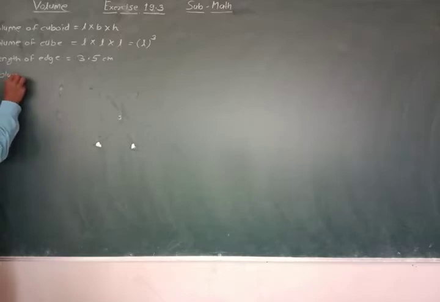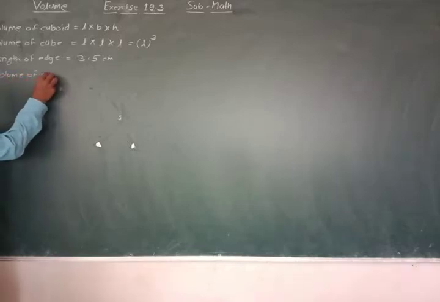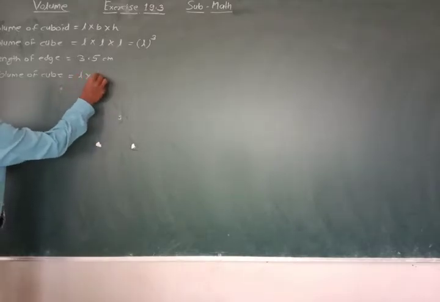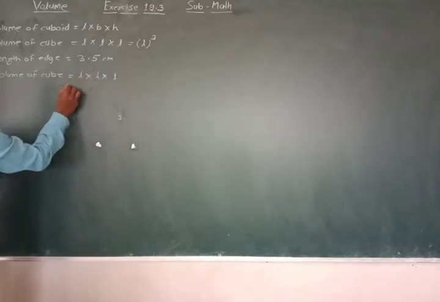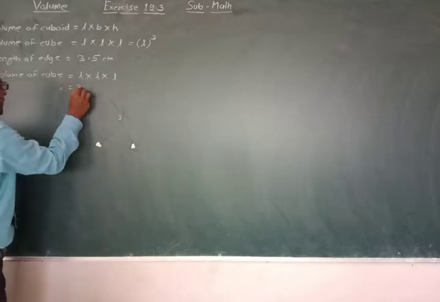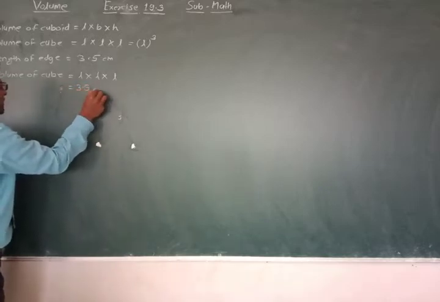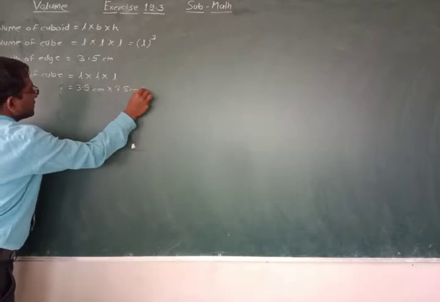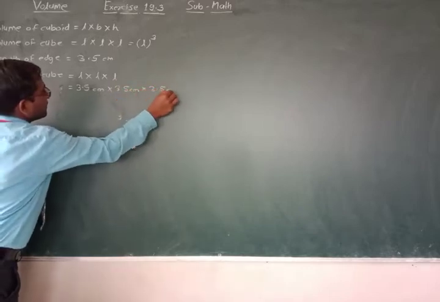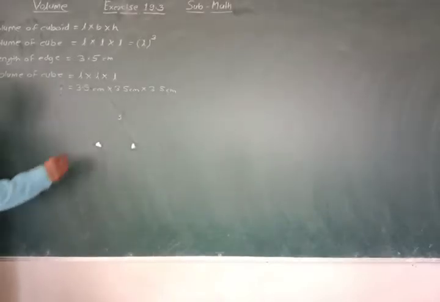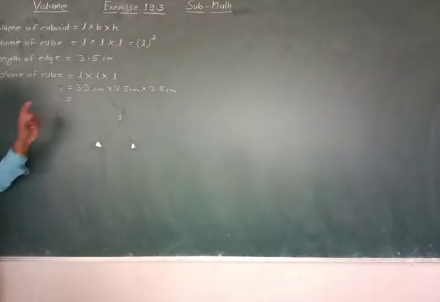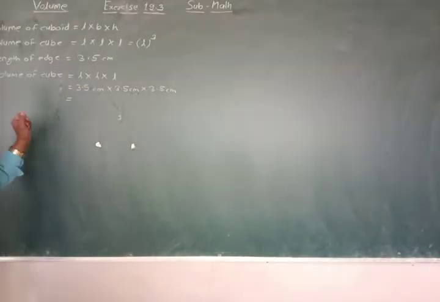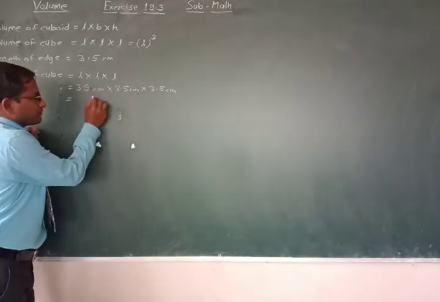Volume of cube is equal to L multiplied by L multiplied by L, which is 3.5 centimeter multiplied by 3.5 multiplied by 3.5 centimeter. First 3.5 multiplied by 3.5, we get 12.25.